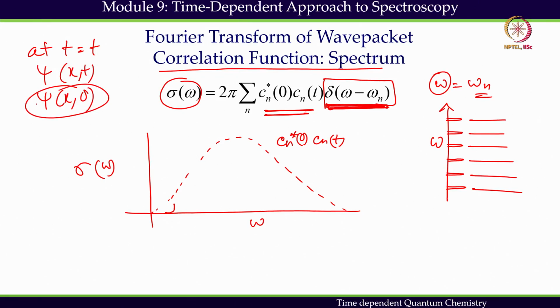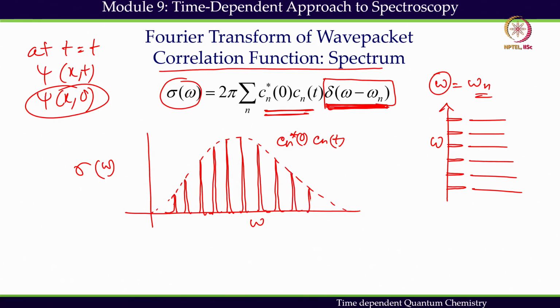Once we correlate it, I can Fourier transform that correlation function and I get back the spectrum. This function exists only when omega matches omega n, and omega n represents the stationary states, each stationary state of the Hamiltonian. So this is the way we are getting it.